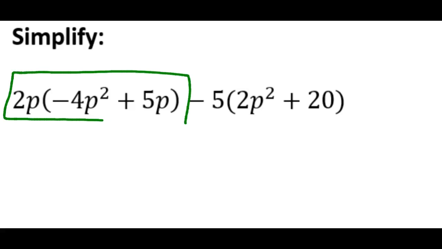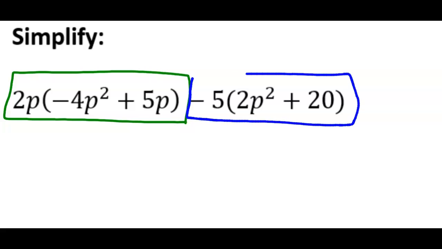So now I have this binomial being multiplied by 2p, and over here, I have this binomial being multiplied by -5, right? And so it's important to make sure that you see that distinction. You see the difference, right?